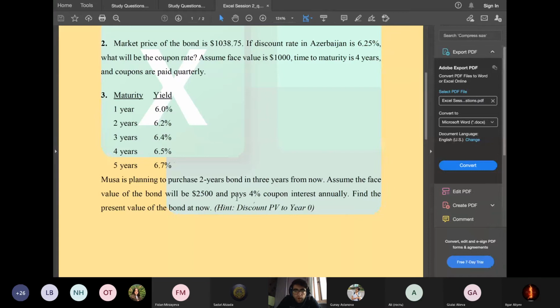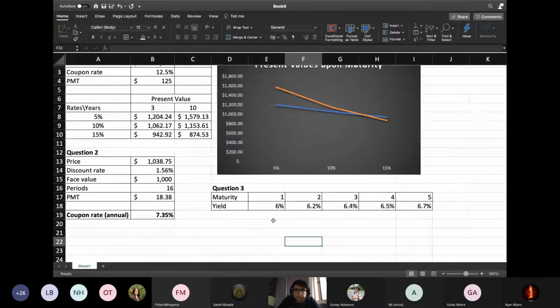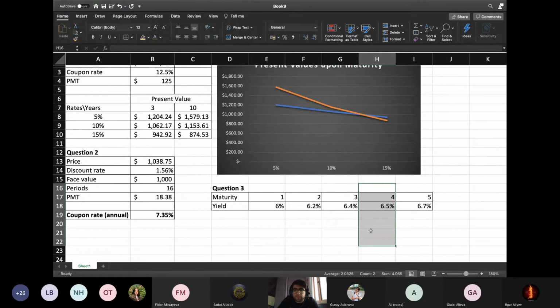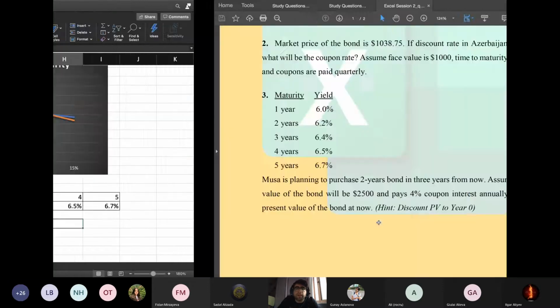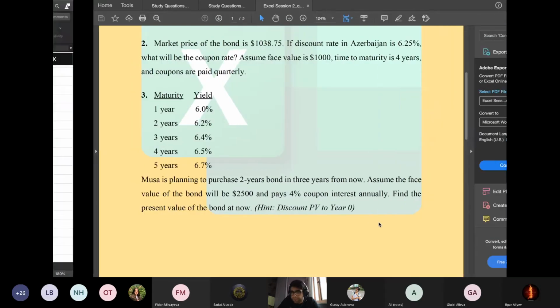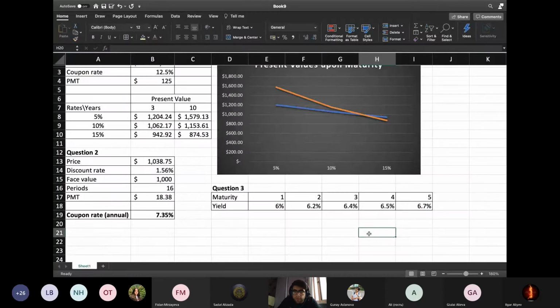Our bond will be purchased in 3 years. Not here, not here, not here. It will be purchased at the end of 3 years, and it will have 2-year maturity. So our bond will be something here.